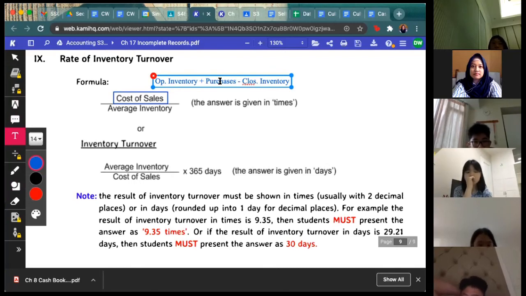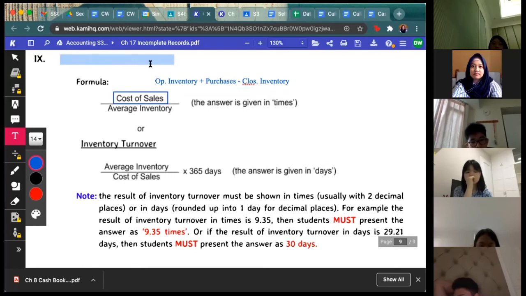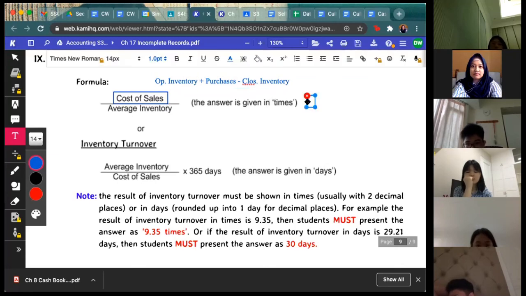Okay, so let's see the formula. If it is rate of inventory turnover, the formula is cost of sales over average inventory, and the answer is given in times. For example, 5 times, 6 times, something like that.